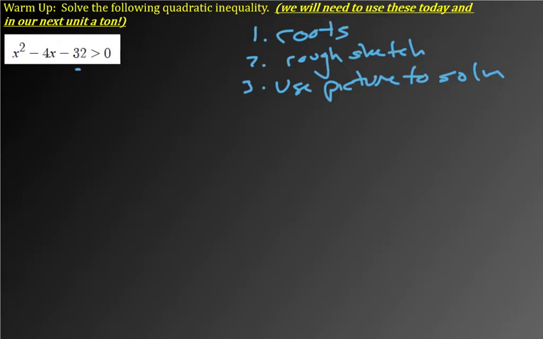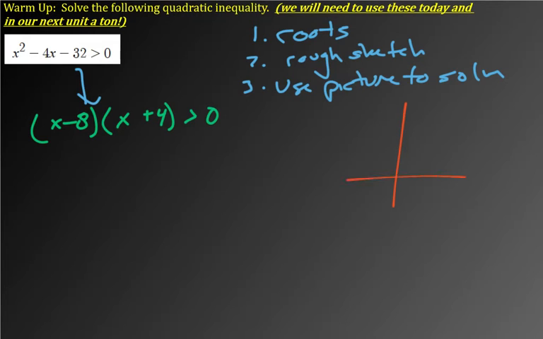For this one, the quadratic can factor. You can get x minus 8 and x plus 4. That means in a picture I've got roots of negative 4 and positive 8, and since it's an open up quadratic, it's doing something like that.